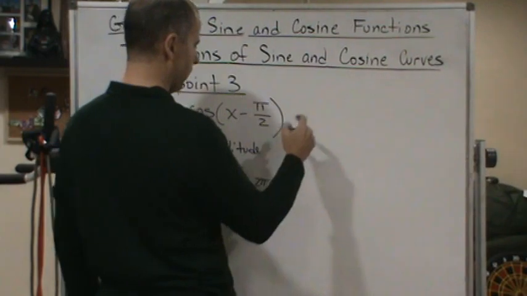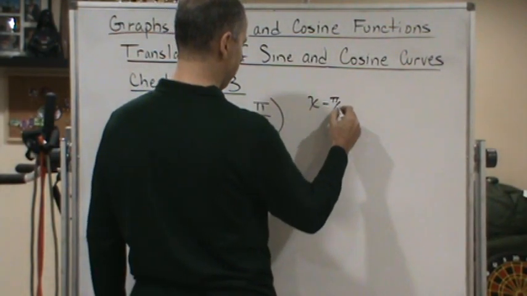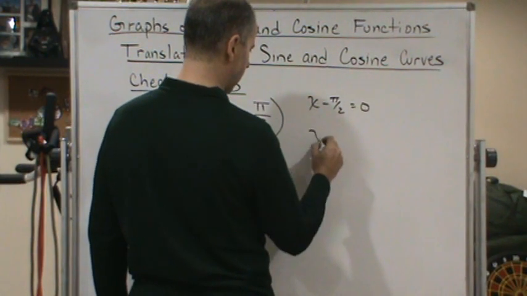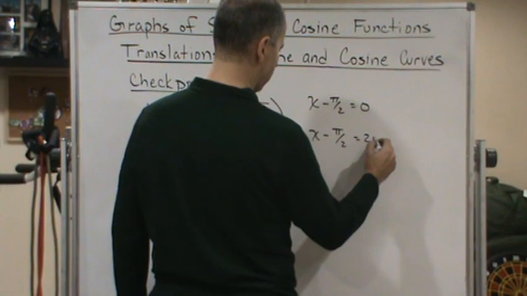Solving for this, we're going to go from 0 to 2 pi, so x minus pi over 2 equals 0, and x minus pi over 2 equals 2 pi.